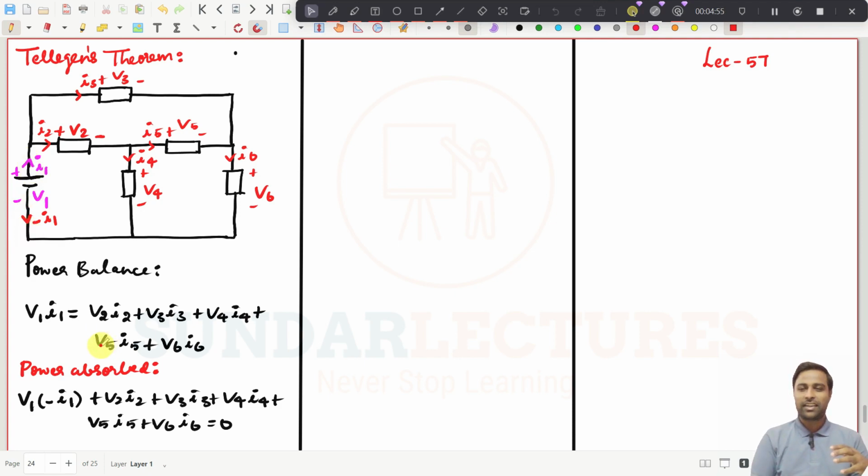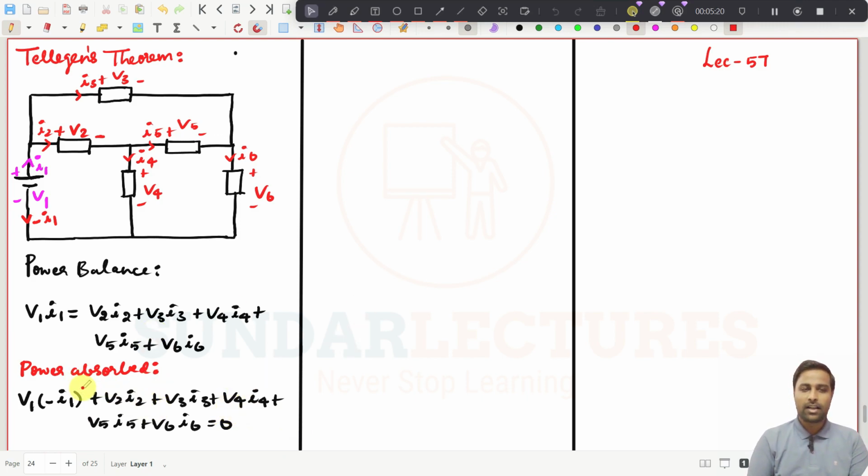Understand it in that way: minus I1 is actually absorbing power. It may be minus, but this is absorbing power. So I am putting it in the absorbed direction, so that this expression should be 0.